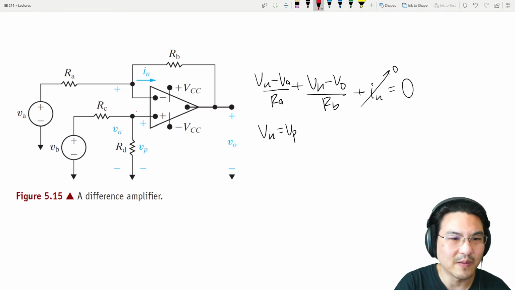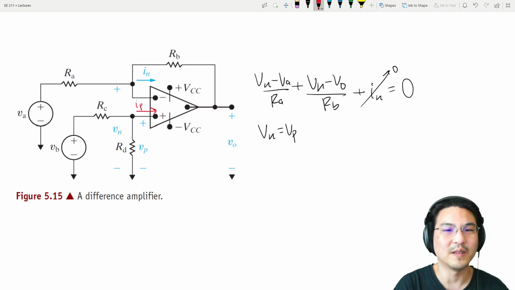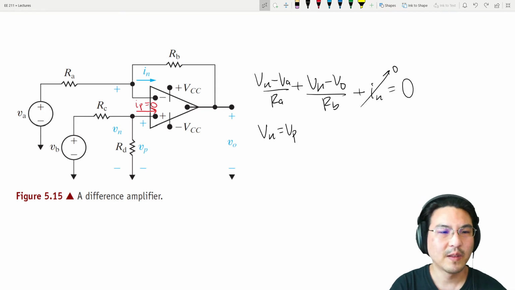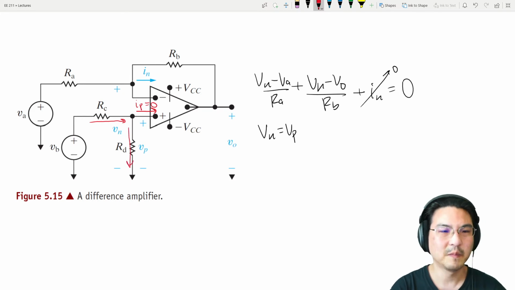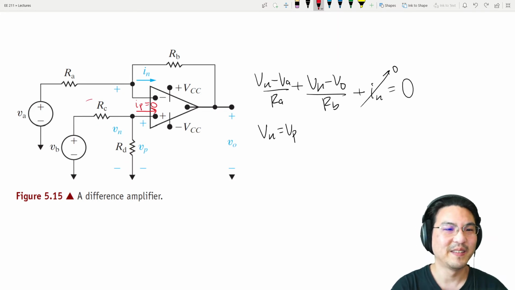So the current right here, Ip, is 0 for an ideal op-amp. So there's no current here, which means however much current is going here also goes here, which is the same as saying these two resistors are in series.